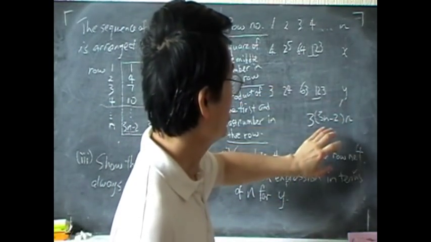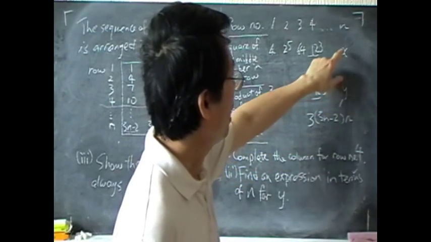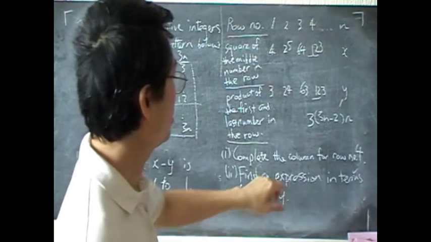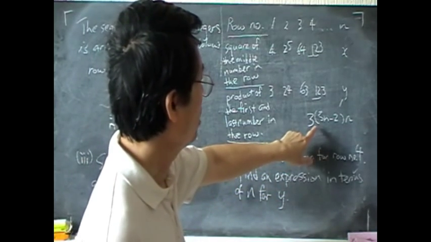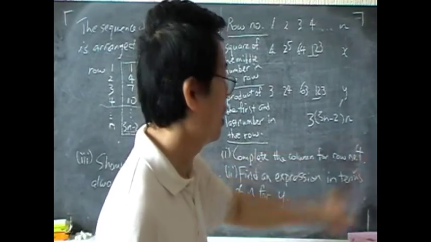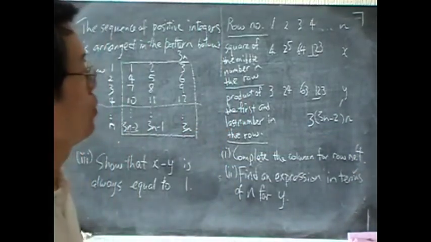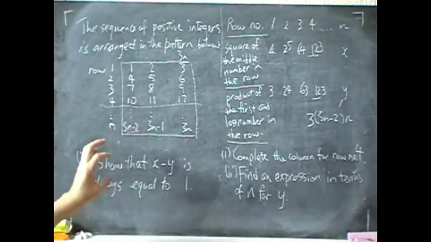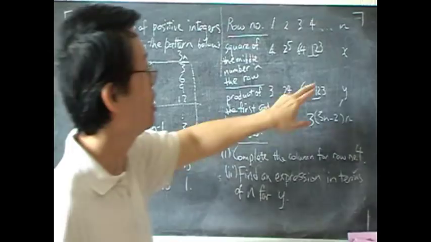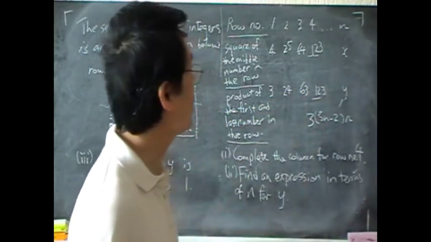That is x, that is y. X minus y is what we need to find. Now we already know y in terms of n. To do this question, we must also find x in terms of n.